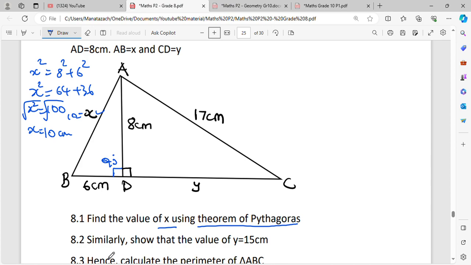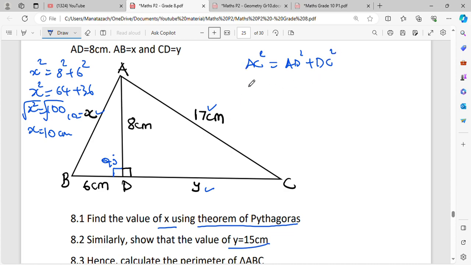So let's go to question 2. Similarly, show that the value of y is 15 centimeters. So here is y. We're going to use the theorem of Pythagoras. Only this length is going to be the hypotenuse side. So we'll say AC squared is equal to AD squared plus DC squared.